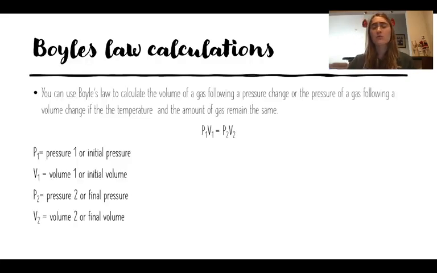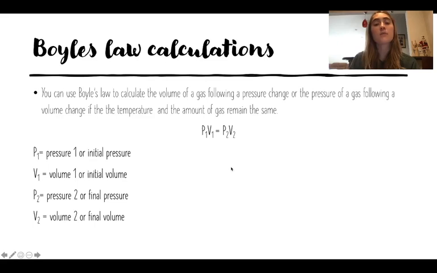Now, there's an actual calculation for this. So you can use Boyle's law to calculate the volume of a gas following a pressure change, or the new pressure of a gas following a volume change, as long as the temperature and the gas remain the same. So you have to have those constant variables in order for this equation to be applicable.